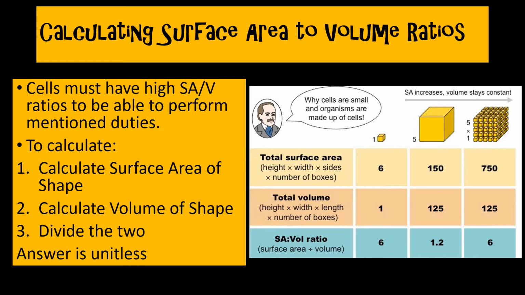Surface area is in the numerator, volume is in the denominator. As you can tell from the diagram, they're both cubes, but cube 1 is smaller than cube 5. When you do the calculations, you'll see that being smaller leads to a higher surface area to volume ratio. That means that cell can exchange material much more quickly with the environment than cube 5.